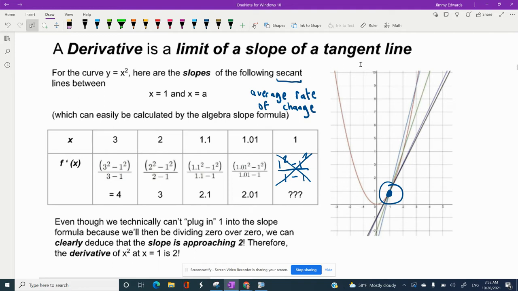Therefore, the slope of the tangent line right at 1 is clearly 2, even though we can't really calculate that. But that's the essence of a limit. It's using your pattern, your reasoning skills to make that logical leap, which is so obvious based on the pattern, but technically we can't evaluate that.